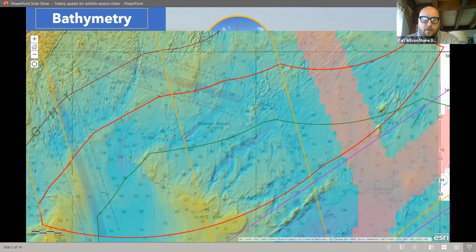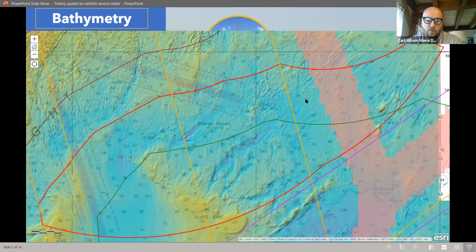From the detailed bathymetric data that is available, we can see that this is a very diverse area. There's shoals around Platts Bank, Toothaker here to the east, and Jeffrey's Ledge to the west. And then there are also some dynamic areas at the end of the eastern approaches shipping lanes as well.